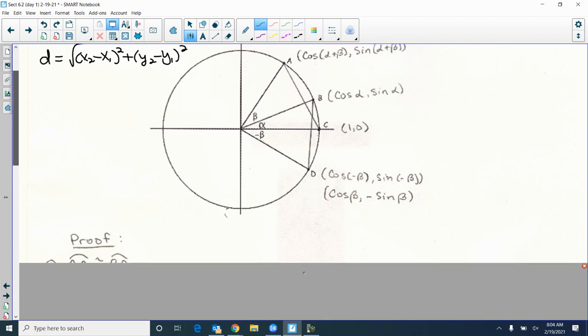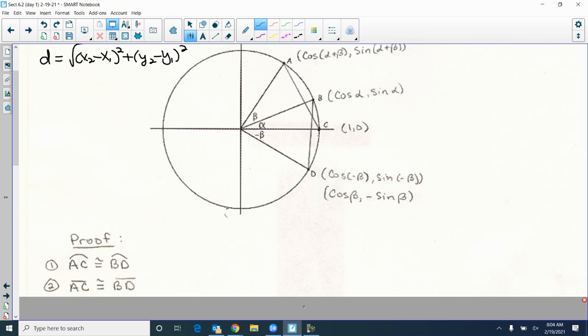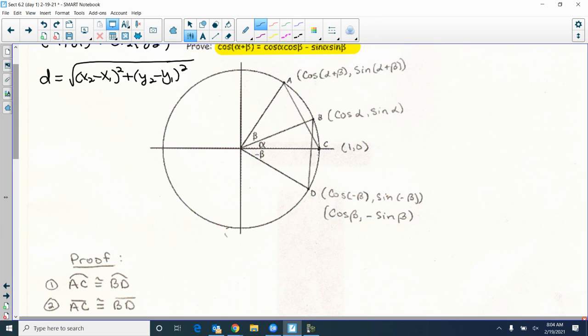From geometry, if you have congruent arcs, you have congruent chords. Chord AC is this length here, and BD is this length. We're going to find the distance of AC and the distance of BD using the distance formula.